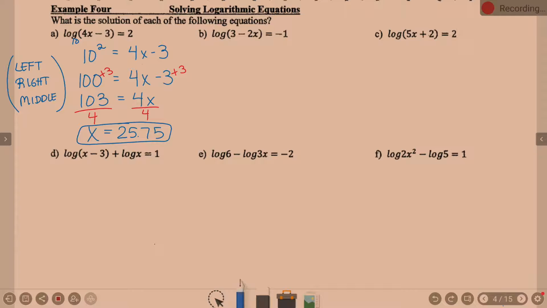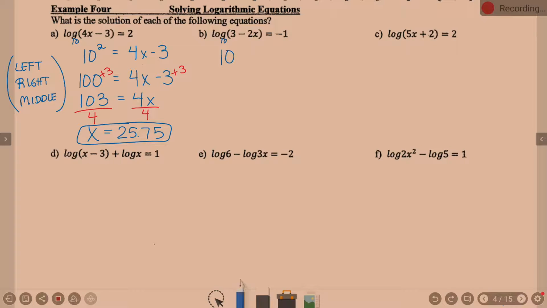Let's go ahead and try B, if you will. Log of 3 minus 2x equals negative 1. What base is that log? 10. Remember, if it doesn't say, it's going to be 10. How do I get out of log form? Left, right, middle. So my left is my base.